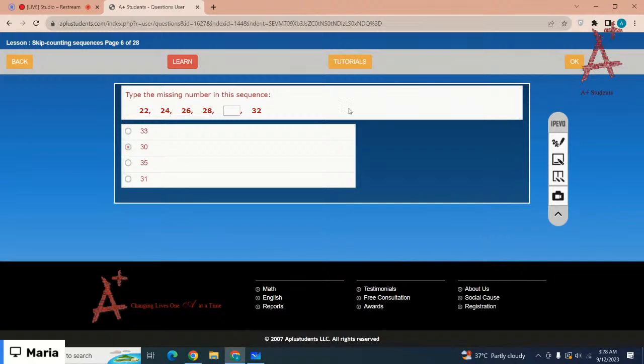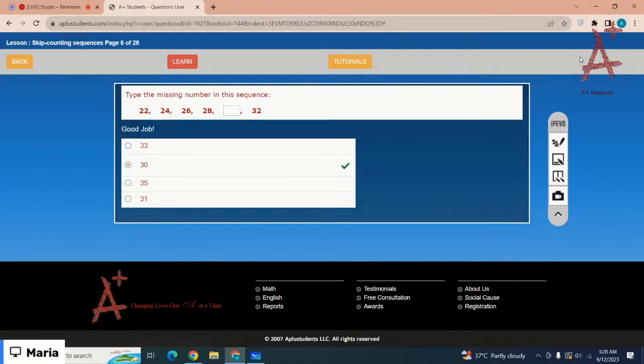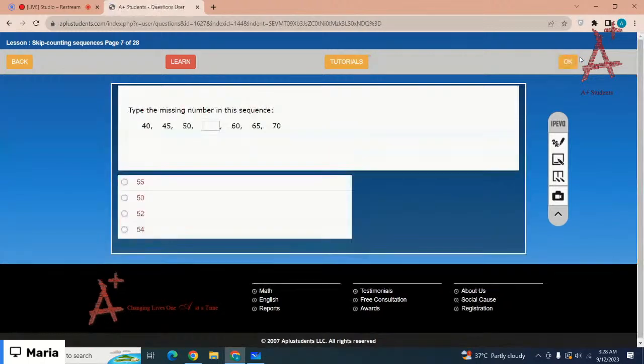Every time you are adding 2 to get the next number, so it would be 30. Okay, type the missing number in the sequence. So which is the correct option?